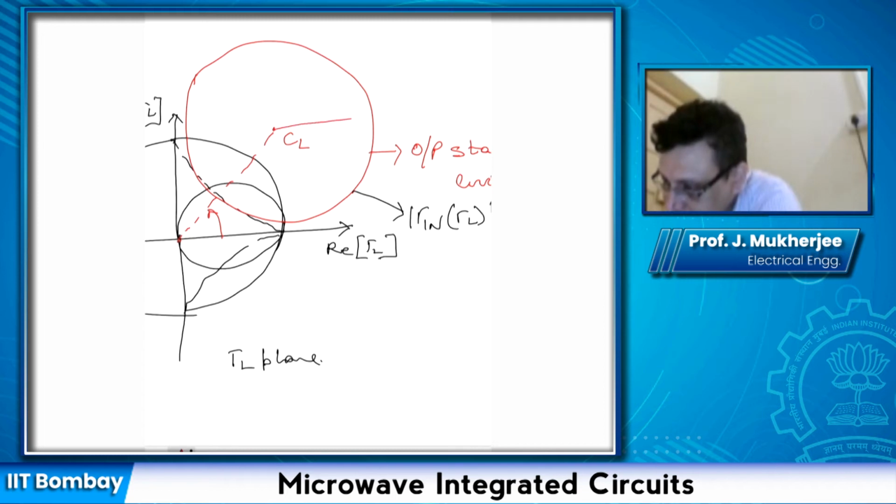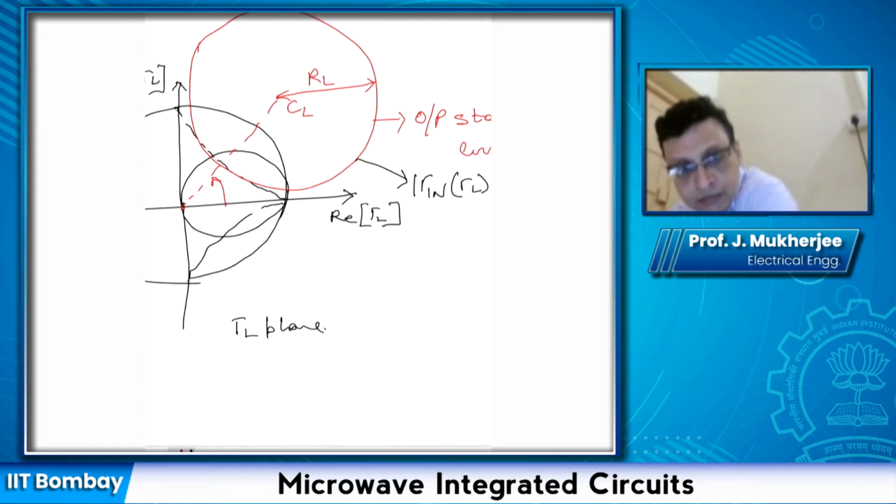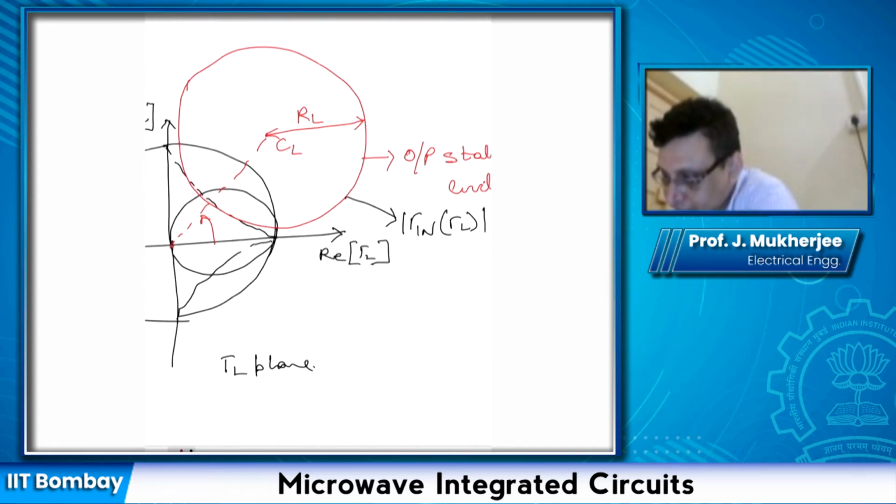Its radius is given by RL, according to the expression that I just gave. So now the question is, which is the stable region? First of all, we know that this red circle defines the boundary between stability and instability. That is, gamma L values inside this red circle are either stable or unstable.